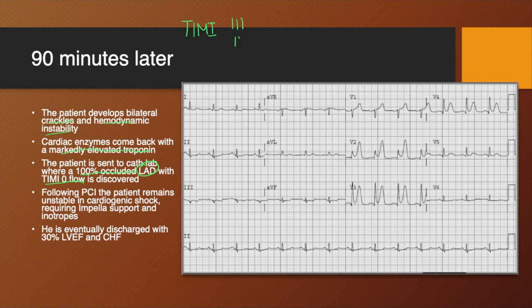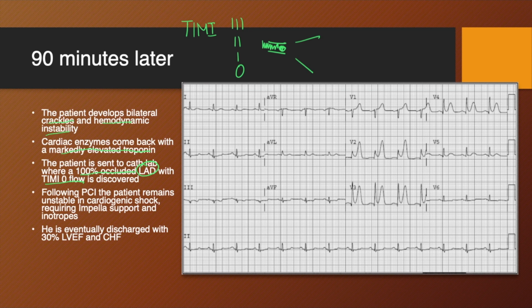And then you've got TIMI 2, you've got TIMI 1, and then TIMI 0 is where essentially you have an occlusion. You shoot the contrast, it goes up to the occlusion, and then there's no more contrast. So you don't see any contrast absorbing X-rays past that, and that is indicating that there is no distal blood flow, no collateral blood flow.